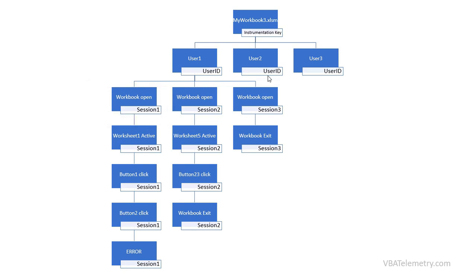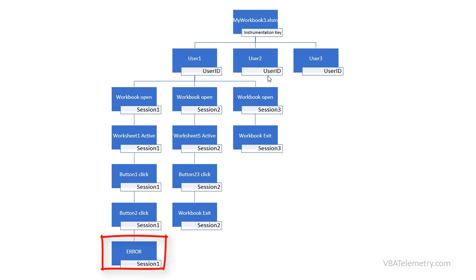Now, after that, Joe clicks on worksheet number 1, and we send to Azure a worksheet 1 active event. After that, Joe has clicked on button 1, and after button 1, he has clicked on button 2, and we have also sent these 2 events to our Microsoft Azure resource.